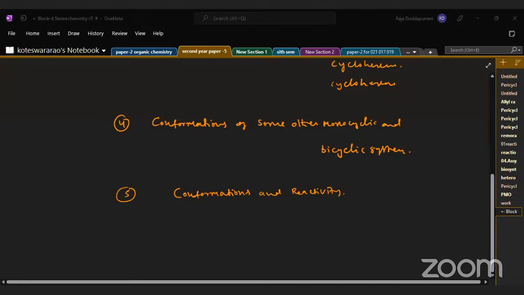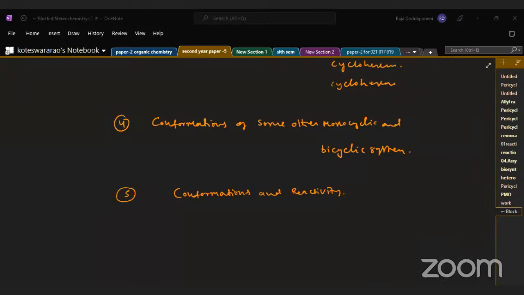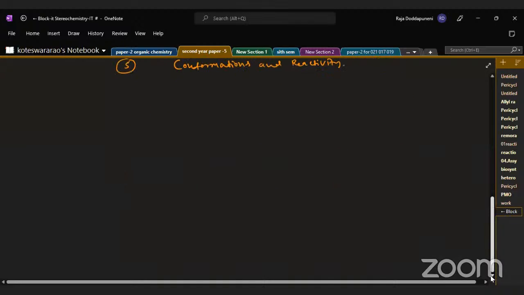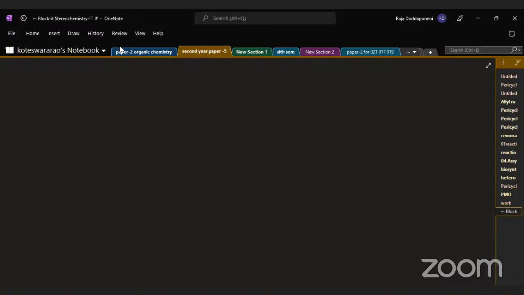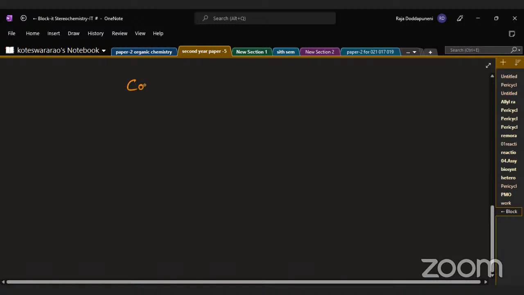Then coming to the first unit. Yeah, my screen is visible to you all. Now the first unit, conformations of some acyclic molecules.